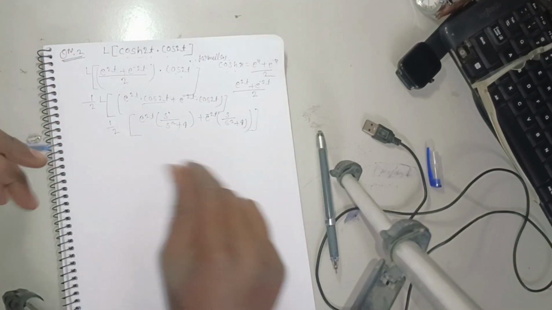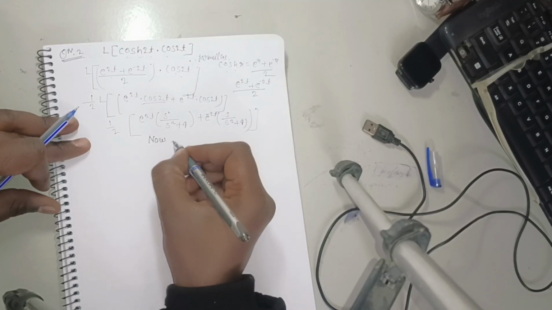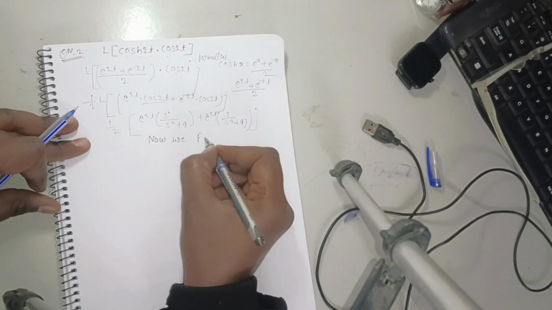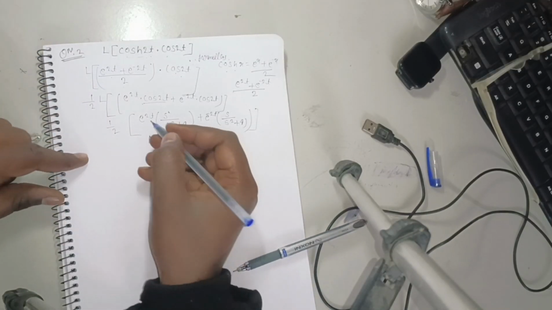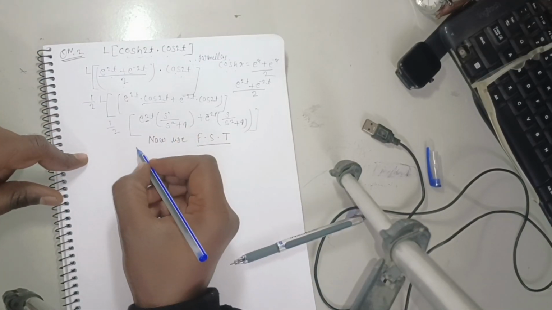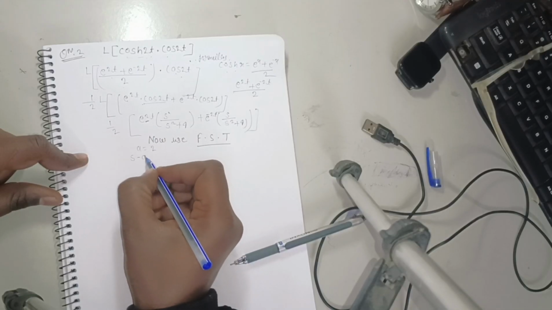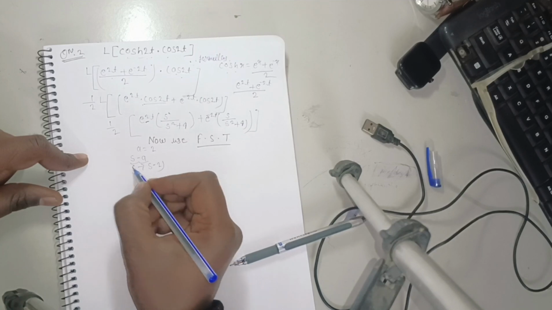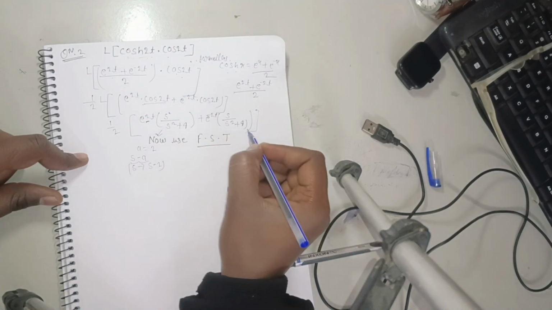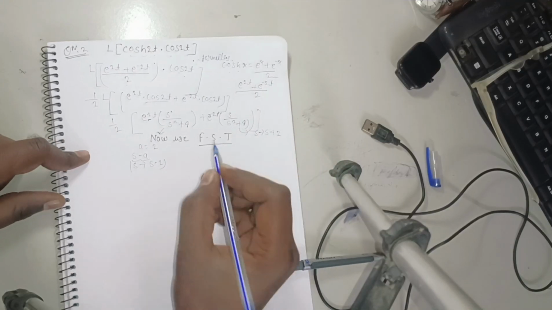So now use the first shifting theorem. As we know, here a is equal to 2, so in the formula s minus a, s will be replaced by s minus 2 in the first one. Okay, and this will be replaced by s plus 2, right?